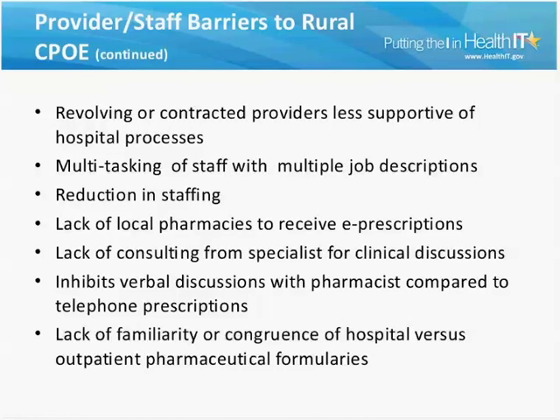So in the rural community, you're losing some of that camaraderie where you can talk to different specialists and different pharmacists for clinical discussions. And with e-prescribing implementation, you have to be aware of how that impacts the communications with the other specialists and experts that the physician works with.